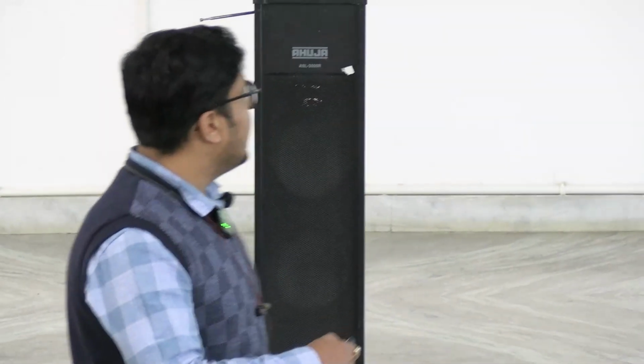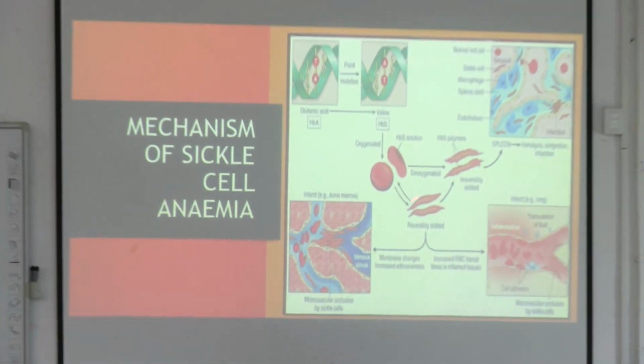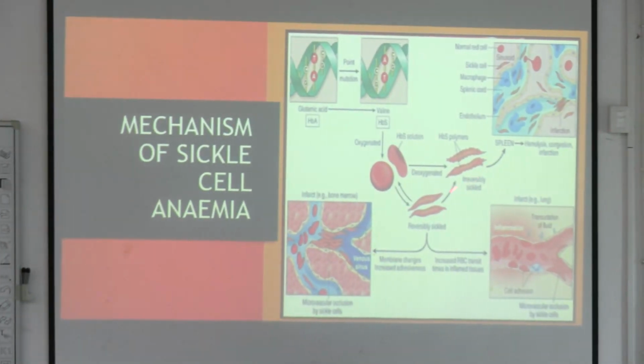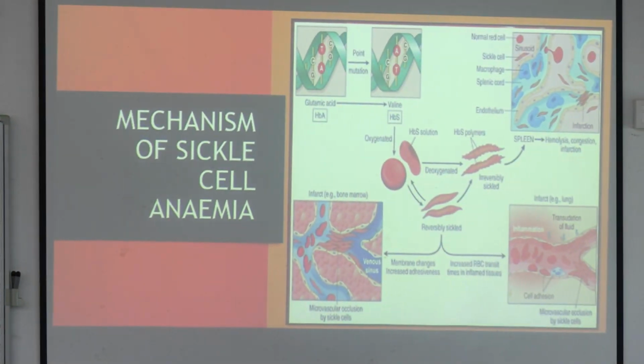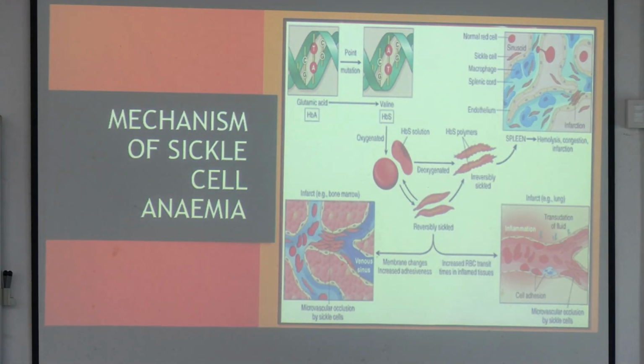So with HbS, whenever the RBC elasticity has been disrupted reversibly, that is called reversible sickling. Whenever the environment is reversed, like increasing the oxygenation, increasing the pH, increasing the temperature, these reversibly sickled RBCs will get back to their normal biconcave disc-like shape.